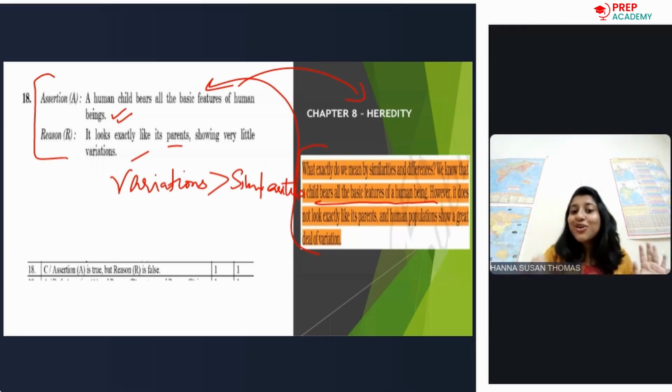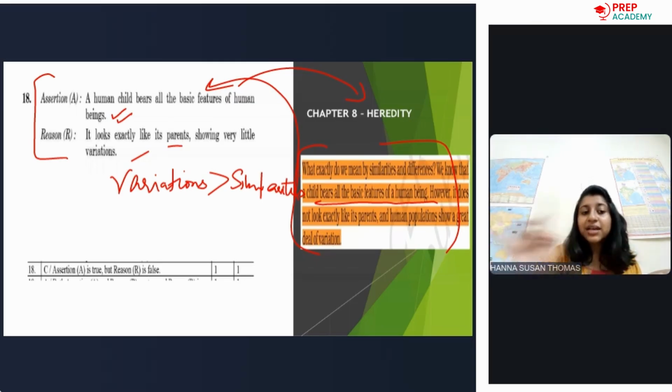This particular screenshot is something like an introduction to heredity and variation, but your examiner has prepared a question from this introductory part itself. So it once again shows how important the textbook is for you to tackle all these questions. Literally the same sentence has been asked as assertion and reason.